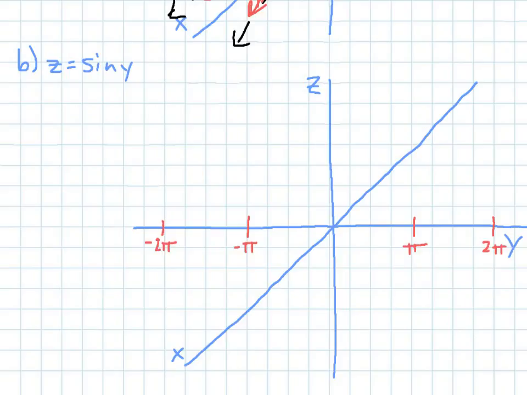So then that means at 0 for your y-axis, z is 0 as well for sine. At pi over 2 would be 1. Let's make that up 1 and down -1 so we get a better picture. And then at pi it's 0, then 3 pi over 2 it's -1, and then 2 pi it's 0. And do the same for the other direction.